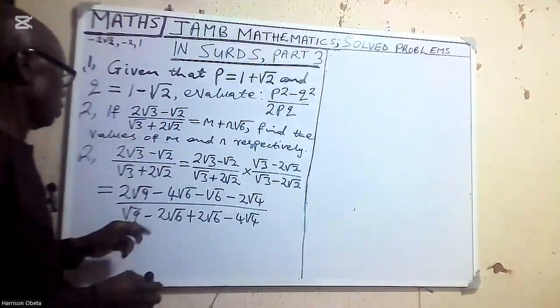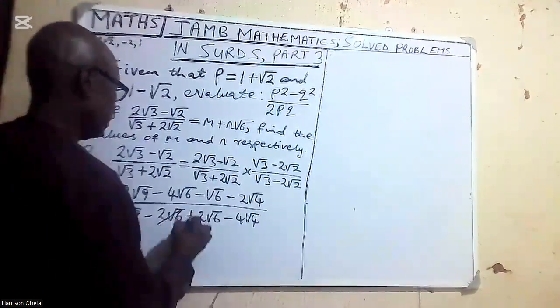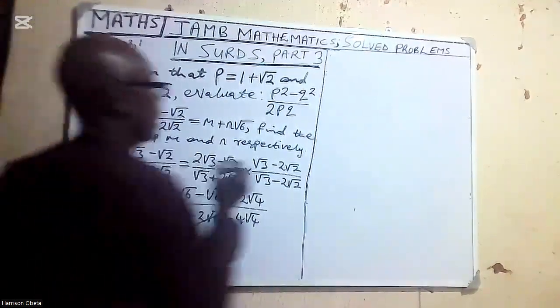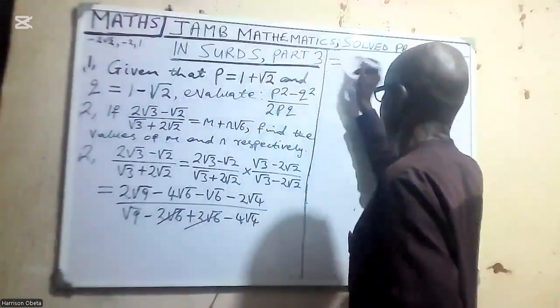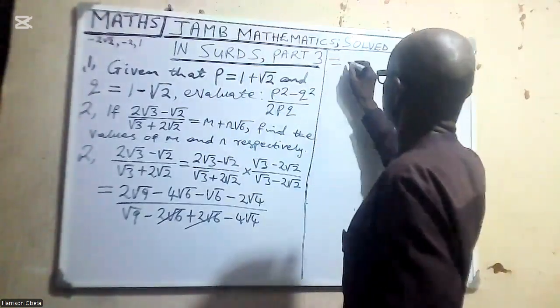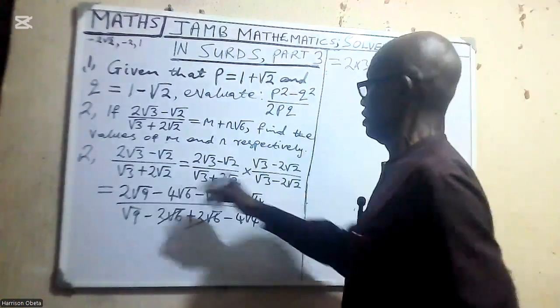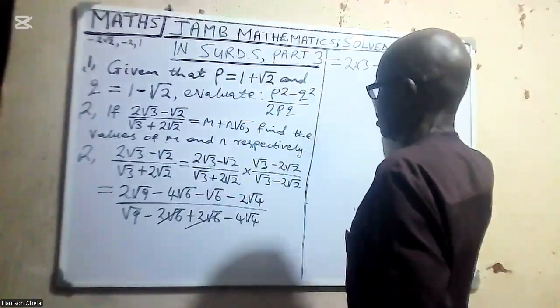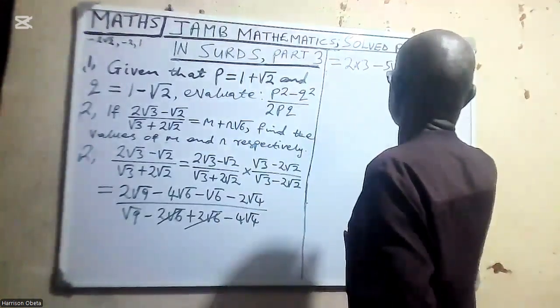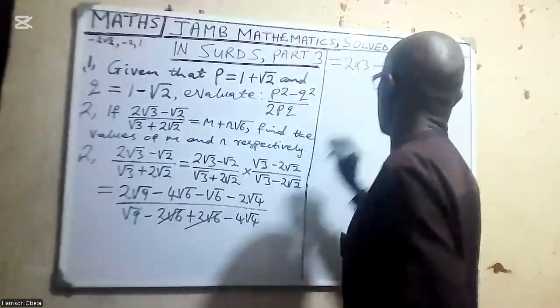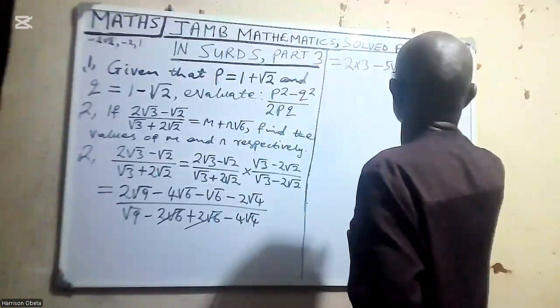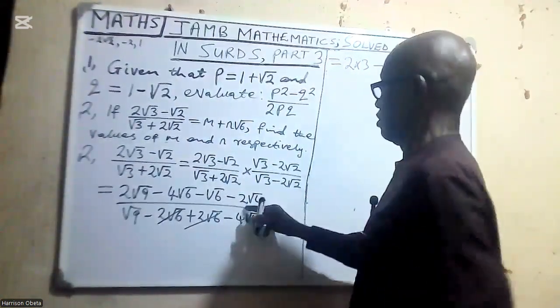Okay, so remember that this one will disappear, and then coming over here we have 2 times 3 for this, minus 5 root 6 for these two, minus 2 times 2 for this.